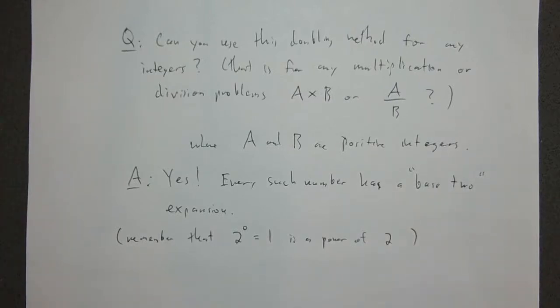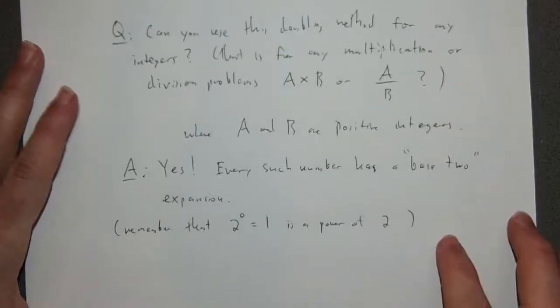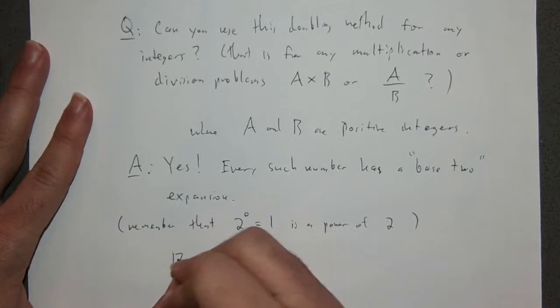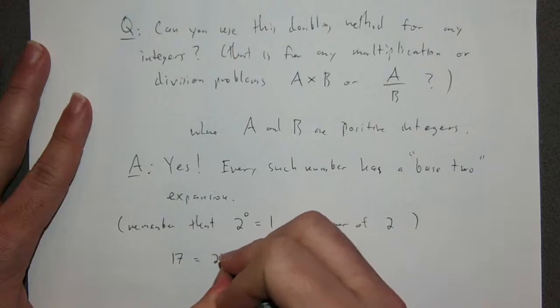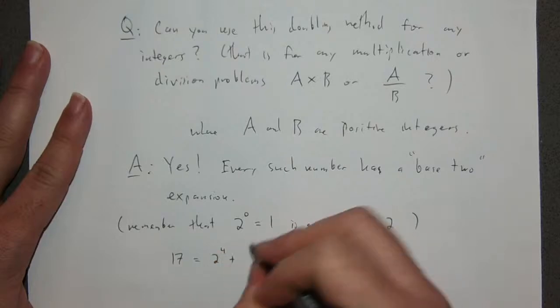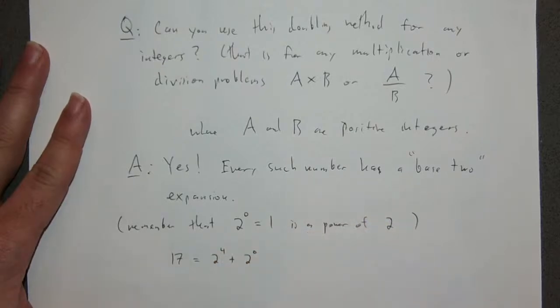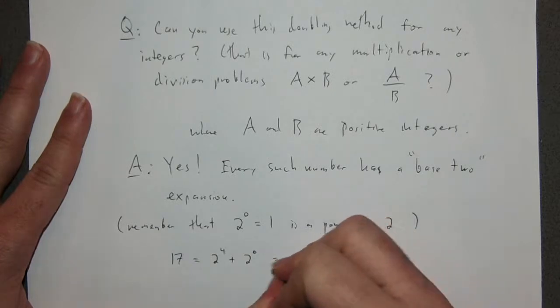So if, for instance, last time we did a multiplication problem involving 17, then 17 is 2 to the 4 plus 2 to the 0, 16 plus 1.